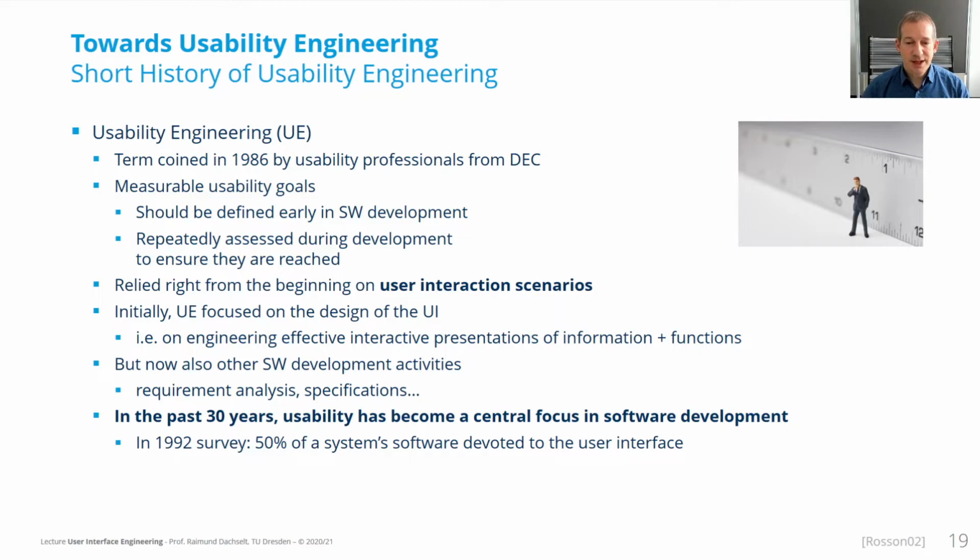That's quite a lot, and that of course clearly indicates that usability engineering or the interface engineering needs to be a part of the software engineering as well, and needs to have its own methods and processes.